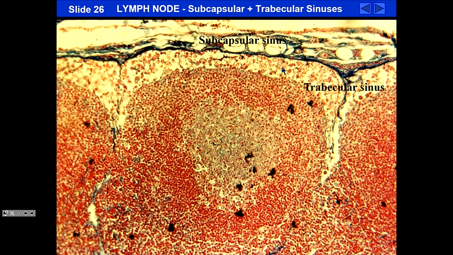And then, of course, we have the sinuses, subcapsular and trabecular sinuses, shown here at a high power view. And in there we also have reticular cells, which are staining up with a silver-based stain. These reticular cells form a framework upon which all of these B cells can aggregate, on the lookout for any pathogens that may be draining through the lymph node.